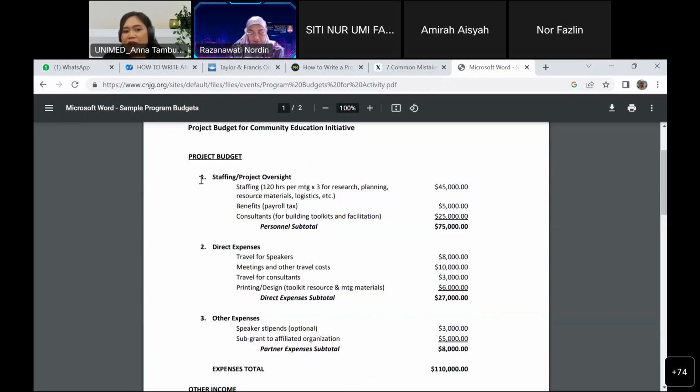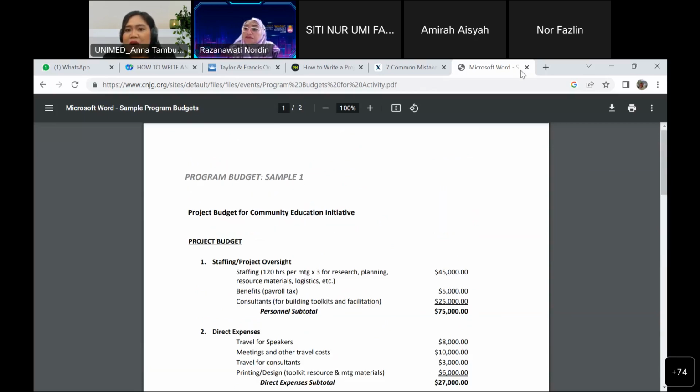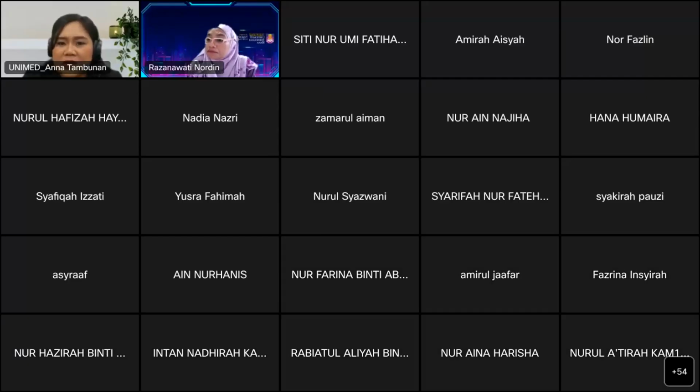You have to calculate what items you have to plan. For example, this is for the staffing, project oversight, and then direct expenses, and then other expenses. Or you may have this kind of, this is what I ever done.